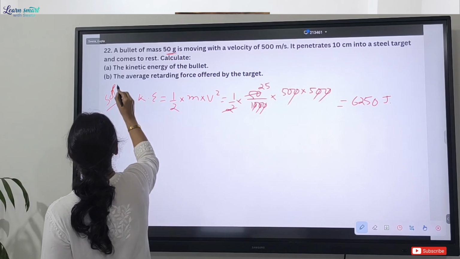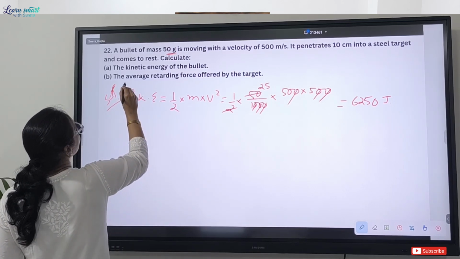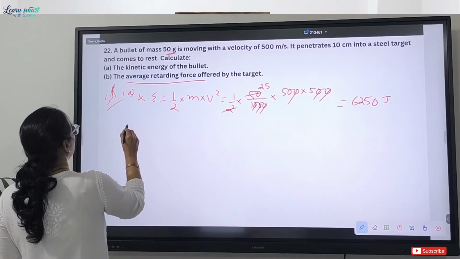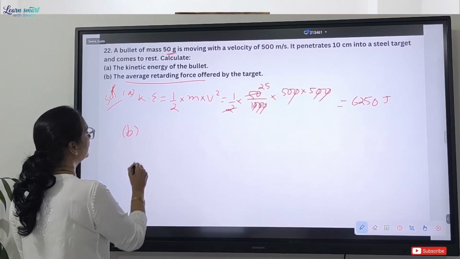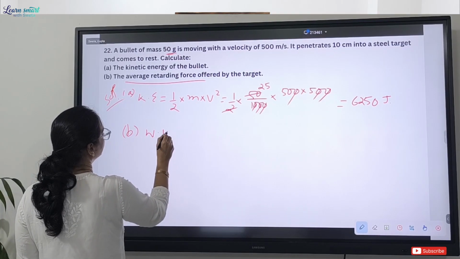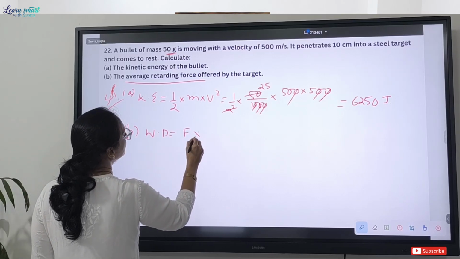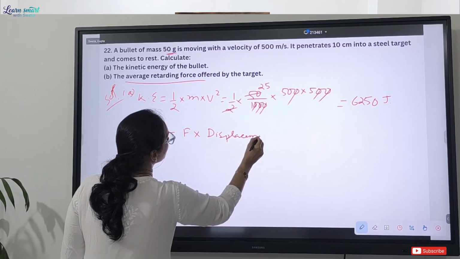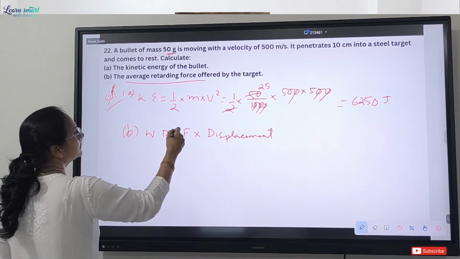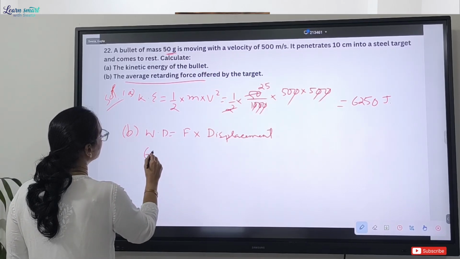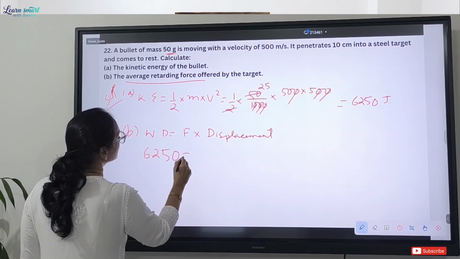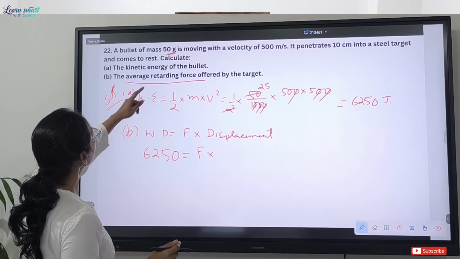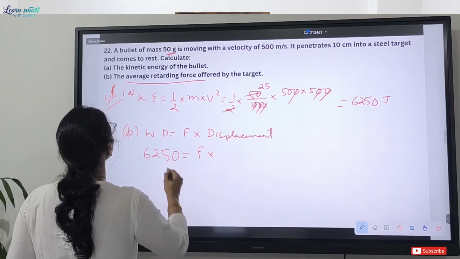Now you have to calculate the average retarding force. So force you have to calculate. Now we know that work done is equal to force into displacement. And kinetic energy is the work done, which is 6250. So 6250 is the force that we have to calculate, and displacement, average retarding force offered by the target.